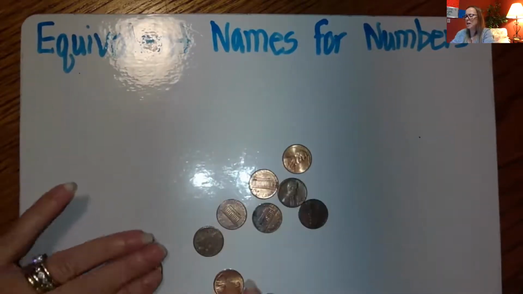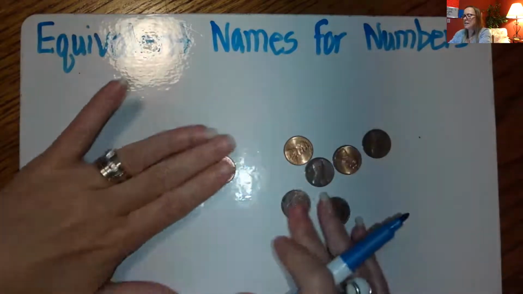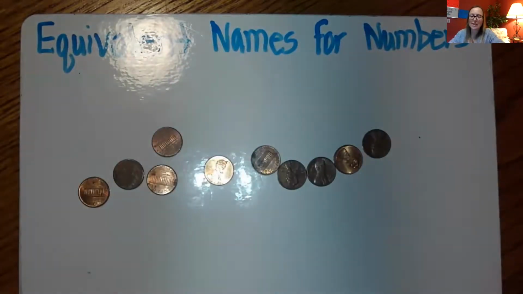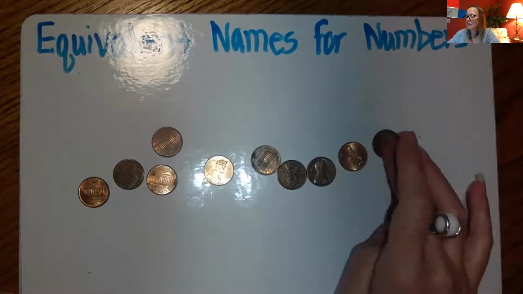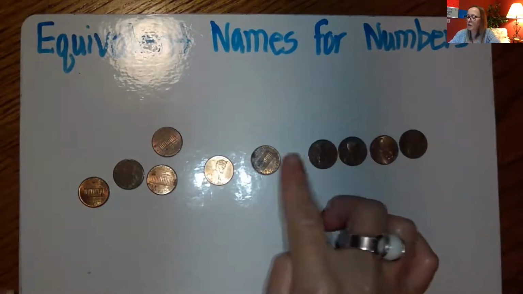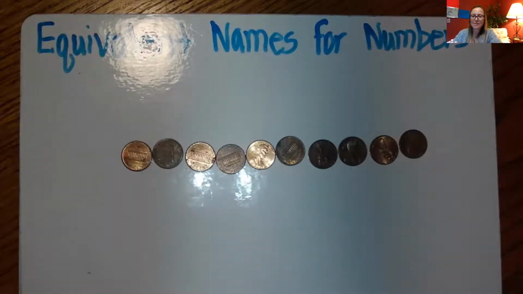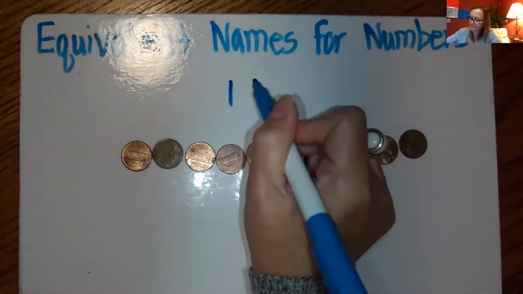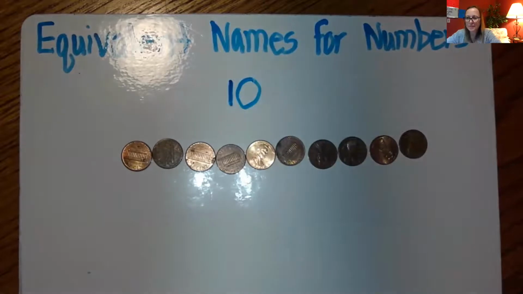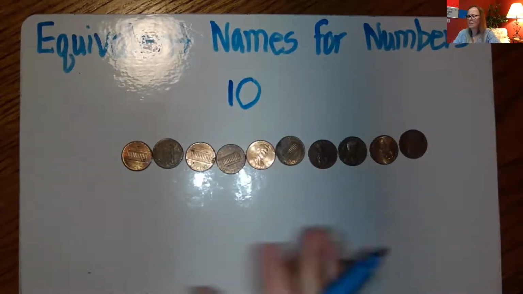I have some coins here, pennies, and it doesn't matter why I chose pennies. I'm looking for a number of things. So I've got 1, 2, 3, 4, 5, 6, 7, 8, 9, 10 pennies. Okay, I could write 10 that way. But you know what? I could write 10 another way. Let me see.